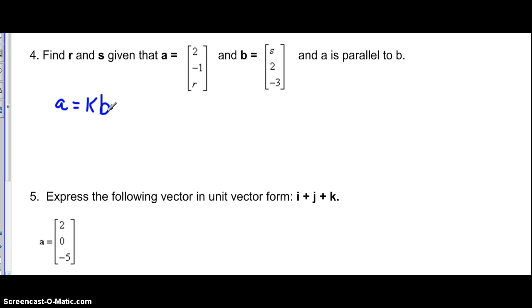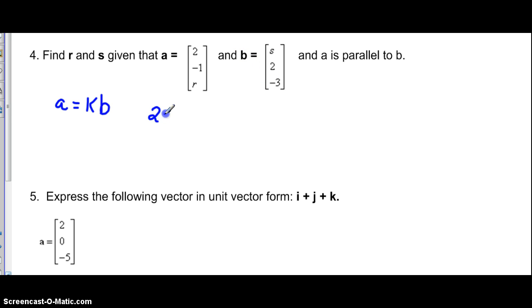So they're parallel. So let's set this up. Each component should have the same relationship. So our A equals KB should work for each one. So let's go ahead and set that up.